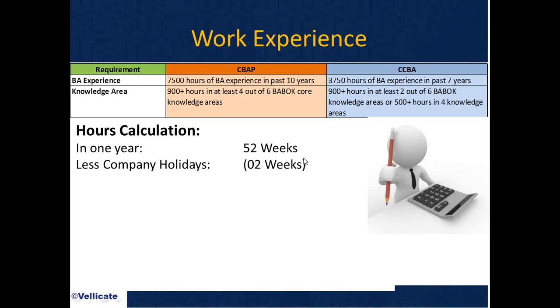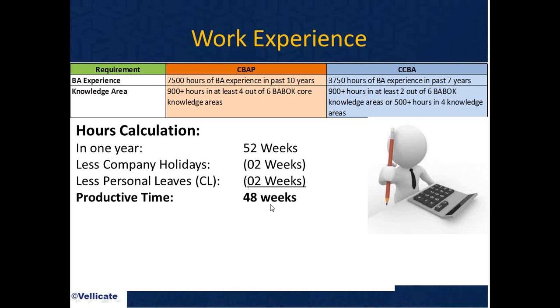Also, everyone receives casual leaves, which can be taken any time, and we end up taking these leaves. So our personal leaves are again 2 weeks. If we reduce this from 52 weeks, it gives us 48 weeks.